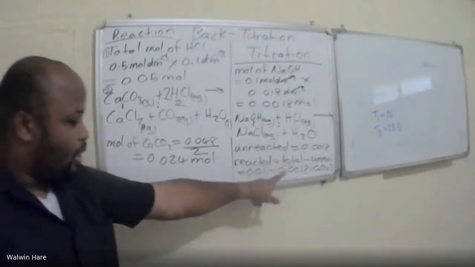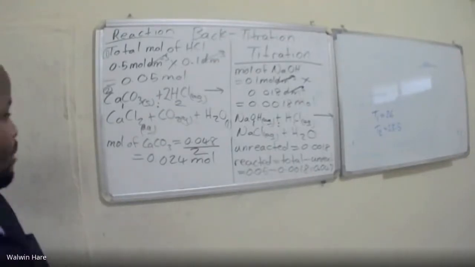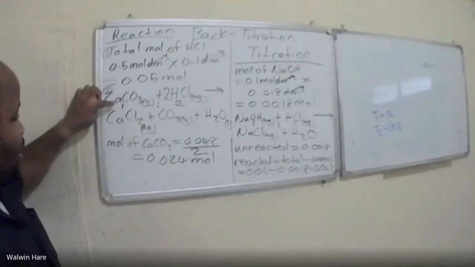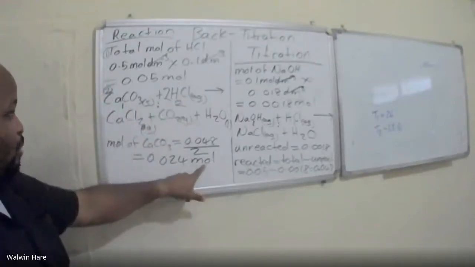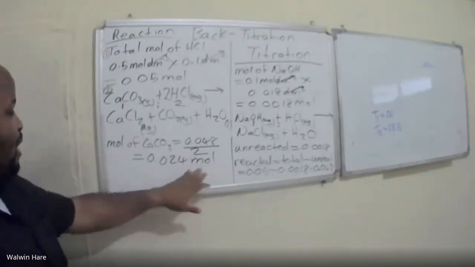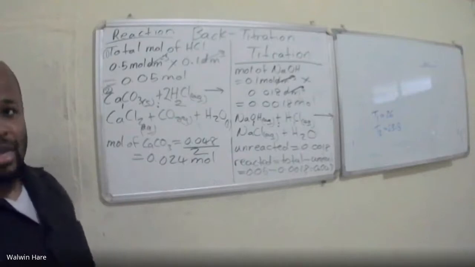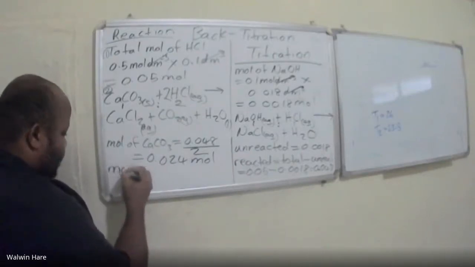So once we get the number of moles that reacted, you just come back to the reaction, use the mole ratio, and get the mole of calcium carbonate. Now, once we have the mole of calcium carbonate, we can go ahead and calculate the mass. What is the formula for finding mass?